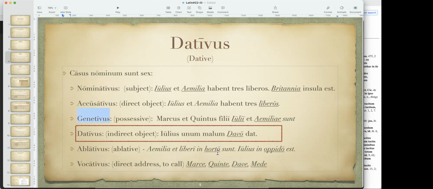And then the ablative, which we use after a lot of prepositions, and the accusative is used after some. Accusative is used for motion towards, and the ablative for motion away. But also by the ablative of means, or the ablative of instrument, which we had last time. But now we finally get the dative.